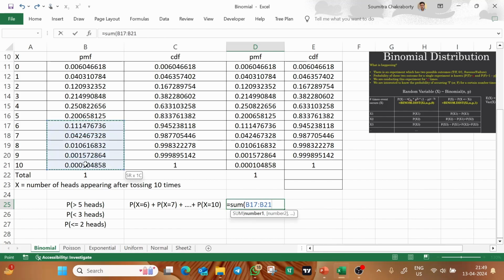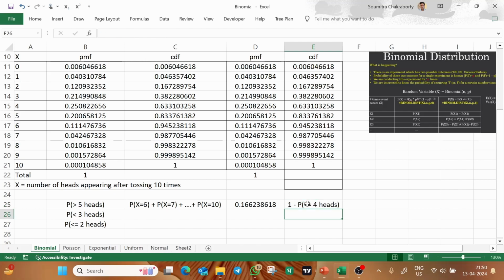Simply, you can add this, or you can calculate it like this: 1 minus probability of less than or equal to 5 heads.